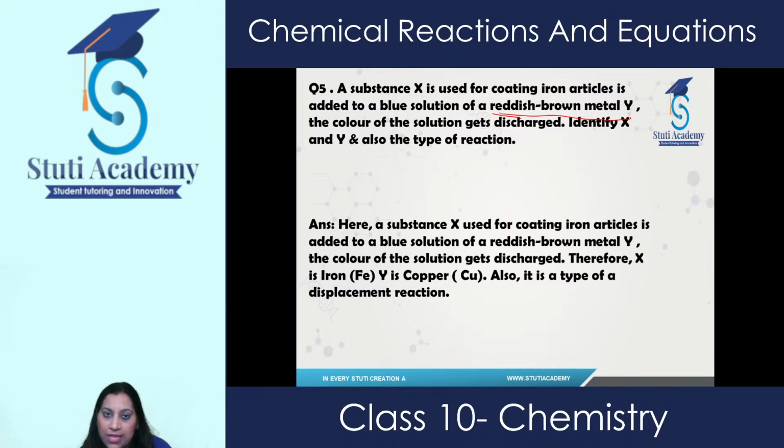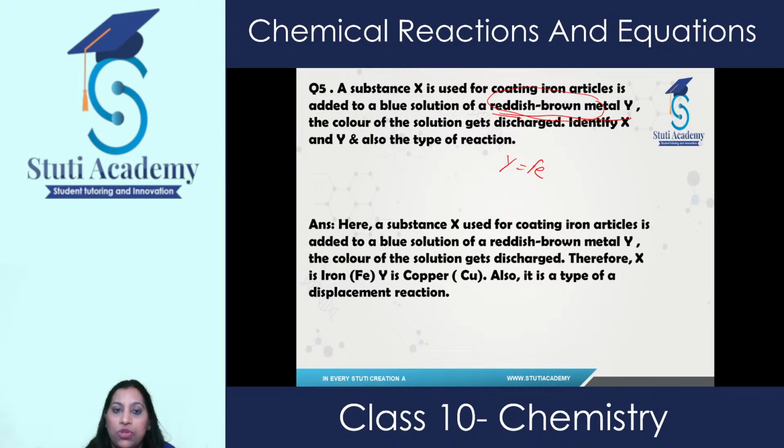Now just understand the question first of all. Here a substance X is used for coating iron articles. Reddish brown metal. From this color, we can easily say that this Y is copper. After seeing this hint, reddish brown.